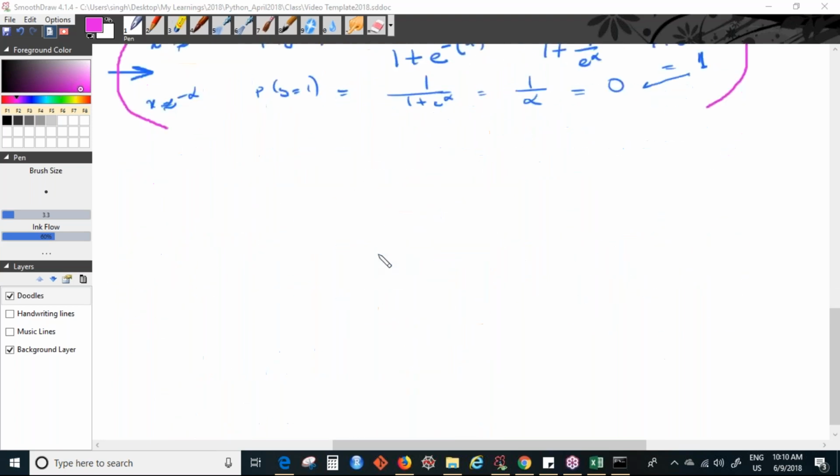If you draw the graph for this, it will look like an S curve. It is also known as S curve. Okay, it looks like an S here.